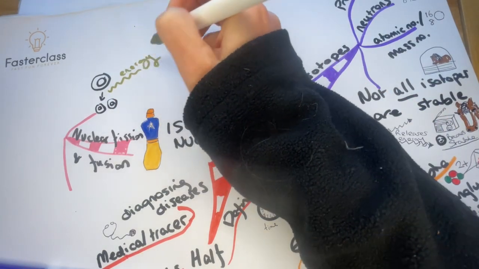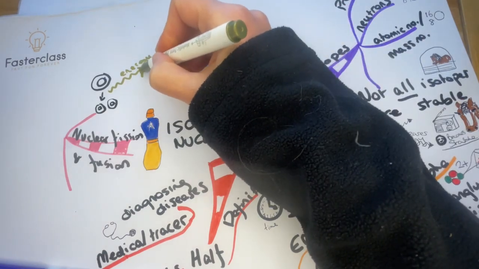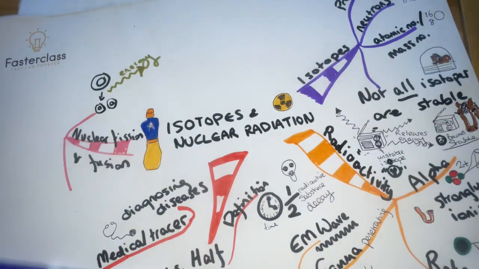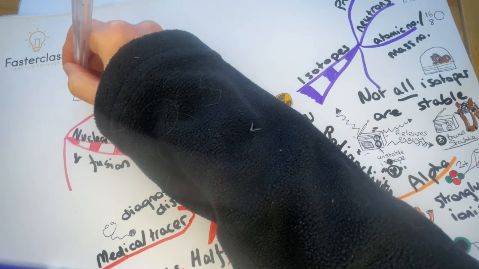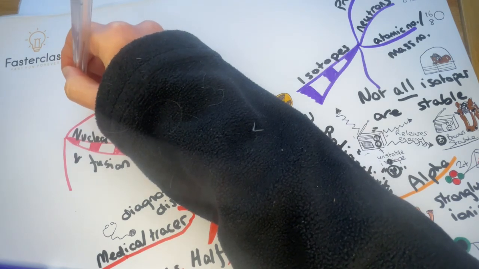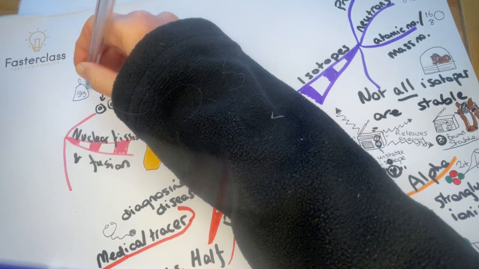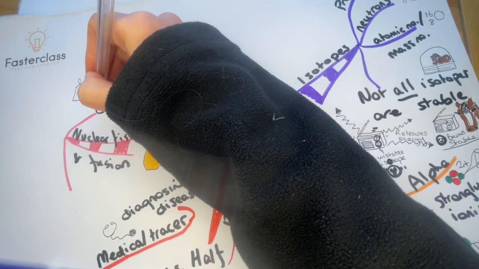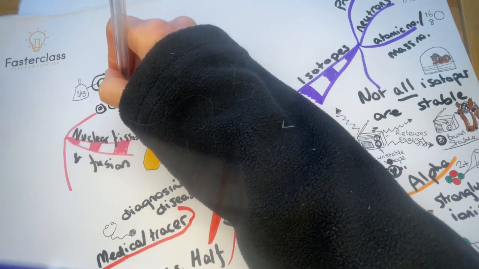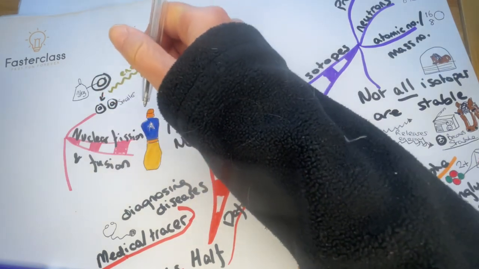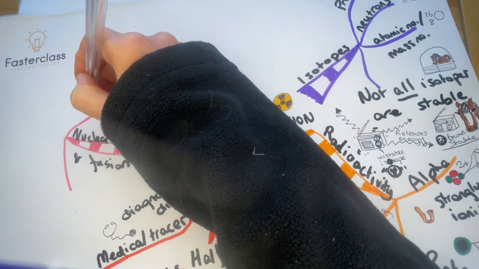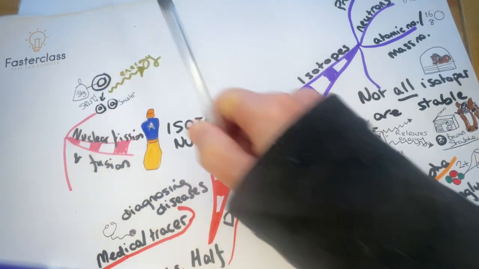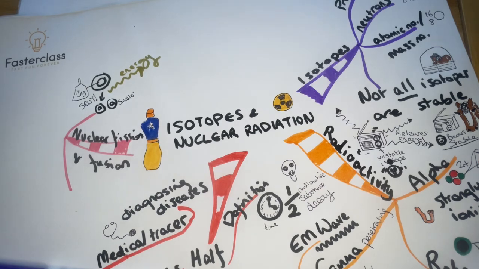It's going that way, it's releasing it. You might want to put a scale or a weight. So heavy nucleus into smaller ones. We'll put the word split. That's what fission is.